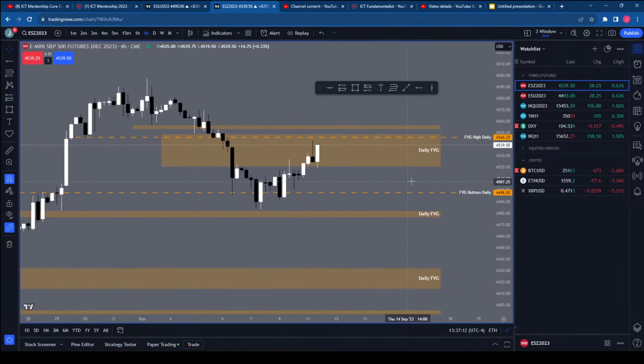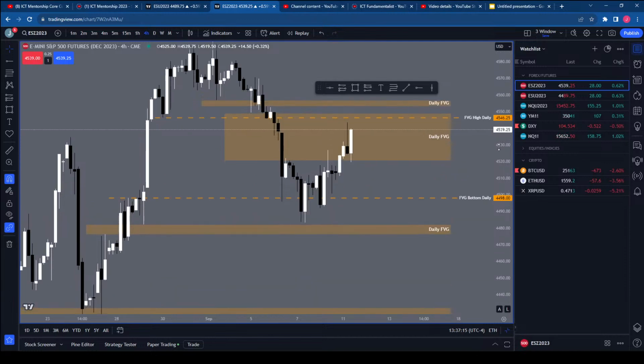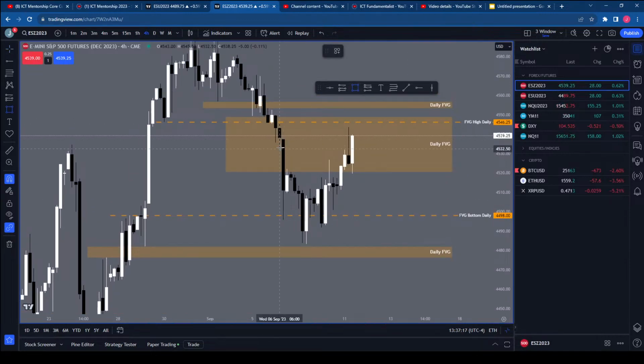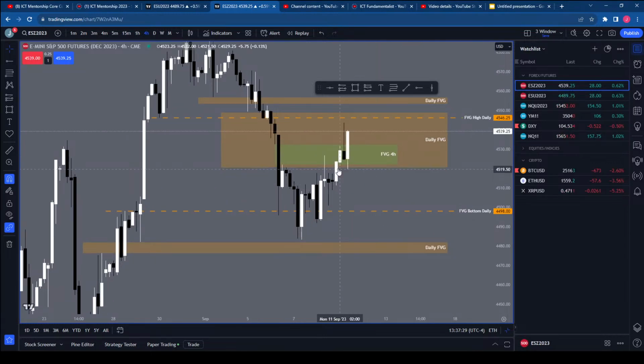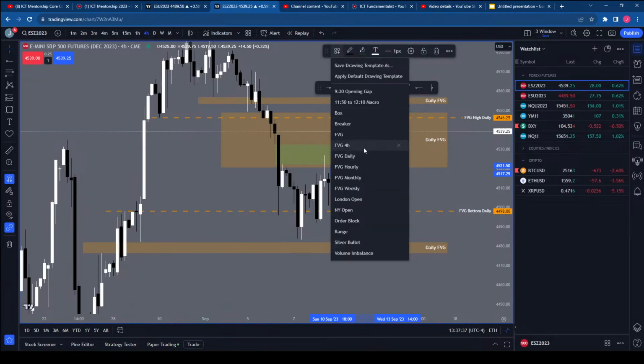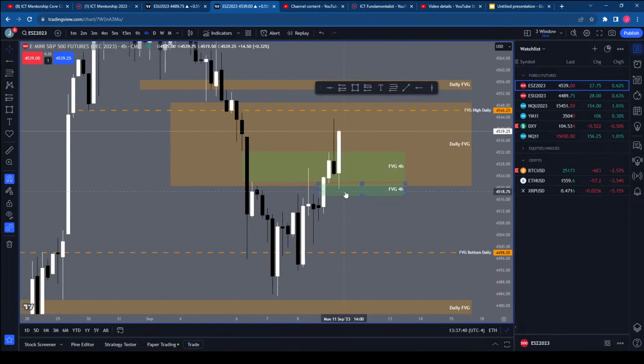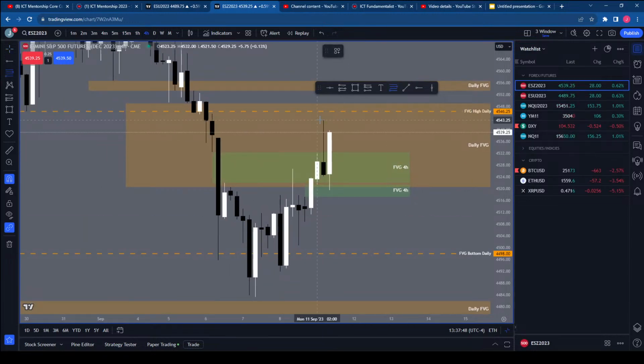Go down to the 4 hour. So we had this 4 hour. We have this one, which you can see we actually reacted off today. Interesting. I want to watch consequent encroachment of this wick, yesterday's wick.